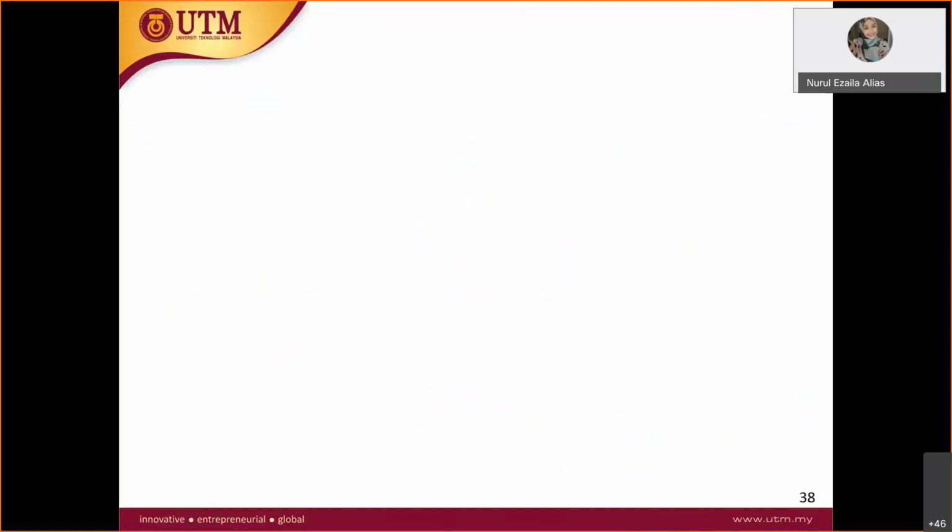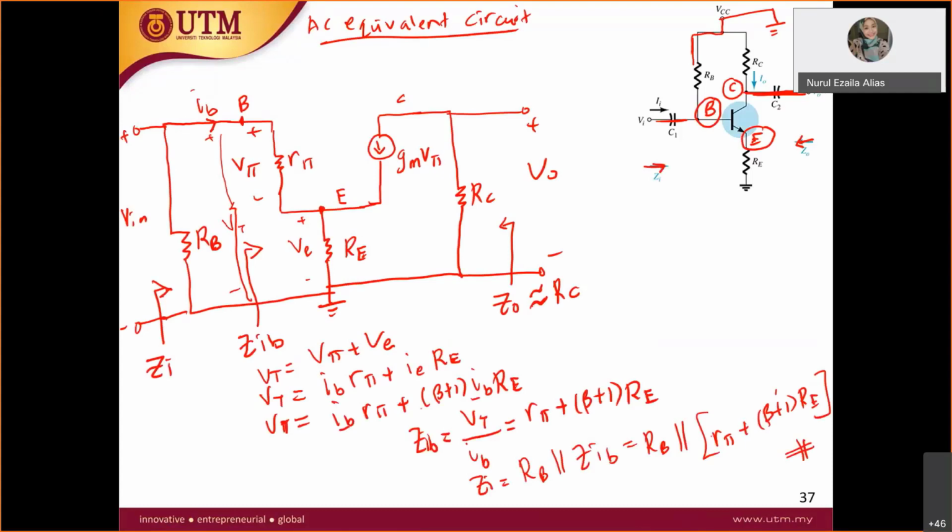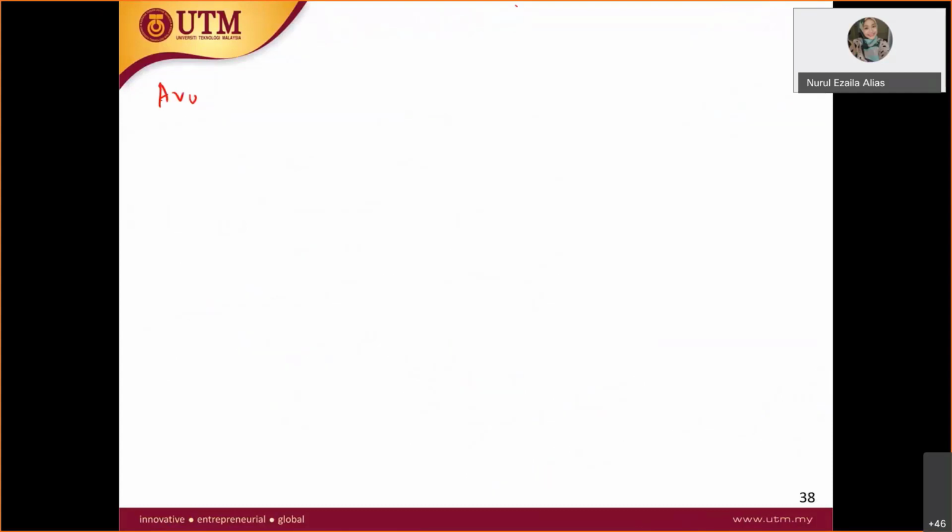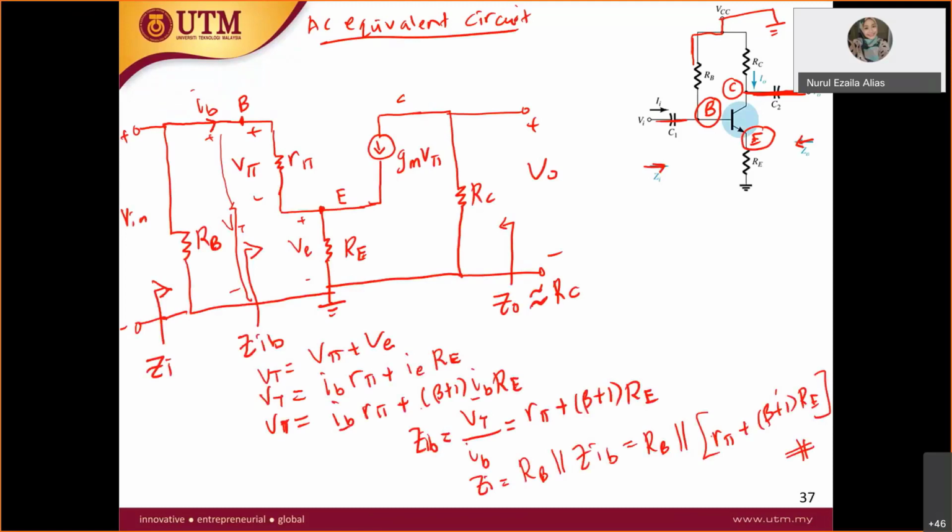So for the voltage gain, you have your AV. In this case, your circuit doesn't have RL. Therefore, this is AV open circuit, which is equal to V out over V in. Let's take a look together. V out here is equal to the voltage across RC. Do you agree with me? Yes.